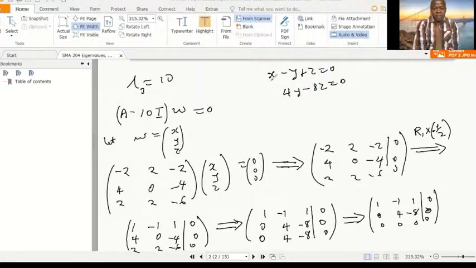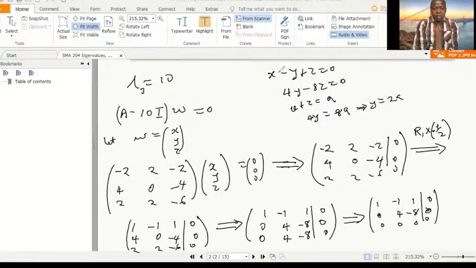So then I can say x and y are leading variables, and z is a free variable. So let the free variable be a parameter a. If that is the case, then what happens to y? Using the second equation, 4y will be 8a, which means that y will be 2a.